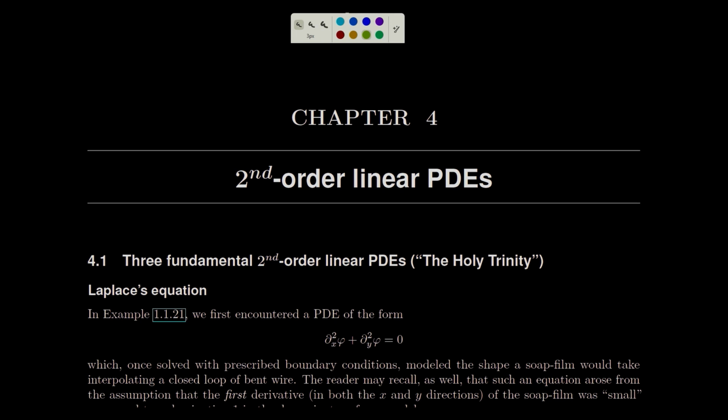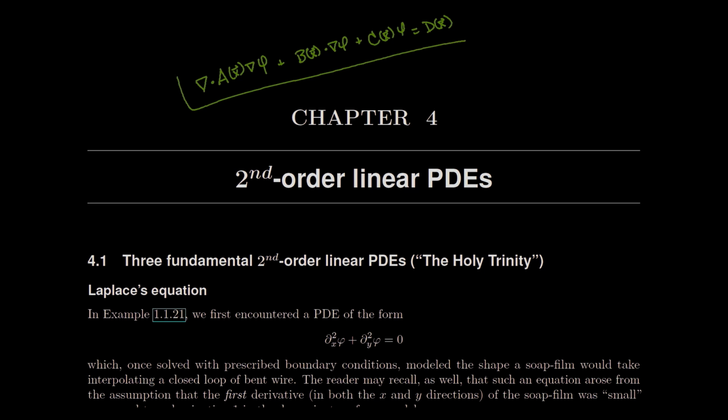So we will see eventually that one way of constructing these in generic dimension is as the following, where we put a matrix valued function in between two gradients. We put a vector valued function in front of one gradient. We put a scalar valued function in front of 0 gradients, and then we have some forcing term on the right. So that's another way of thinking about the generic second order linear PDE in arbitrary dimension.